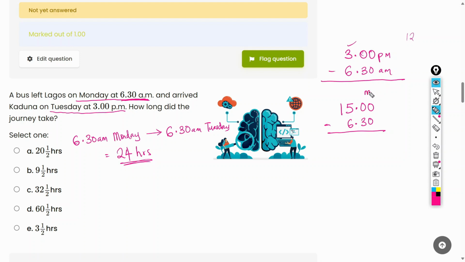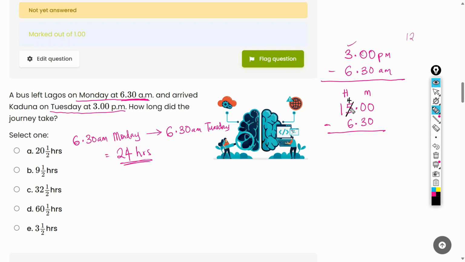This is our minutes, this is our hours. So this is 0 minutes minus 30 minutes. Of course, that won't work. So we come to 15 and we borrow 1. We're left with 14. When we borrow 1 and bring it here, when you're changing from hours to minutes, for every 1 you carry over, it becomes 60 minutes because 60 minutes are there in 1 hour.